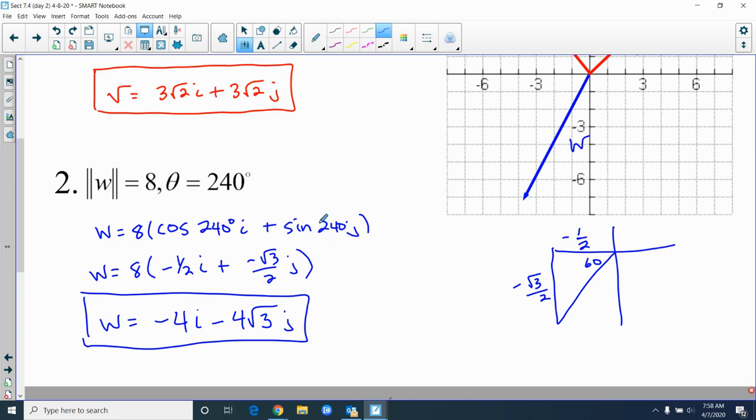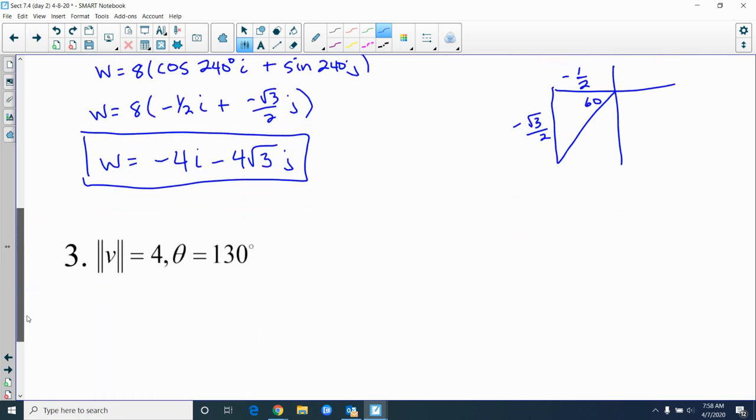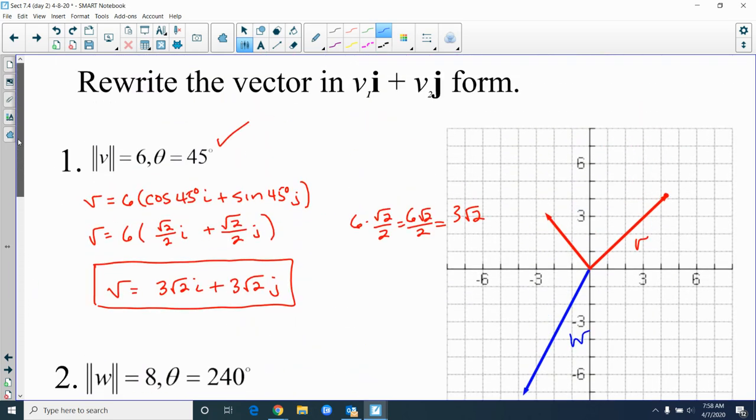All right, let's take a look at this last one from this part. There's still a couple more to go. 130 degrees is the angle. That is not a unit circle angle, so we're going to have to use our calculator. This right here is 130 degrees.